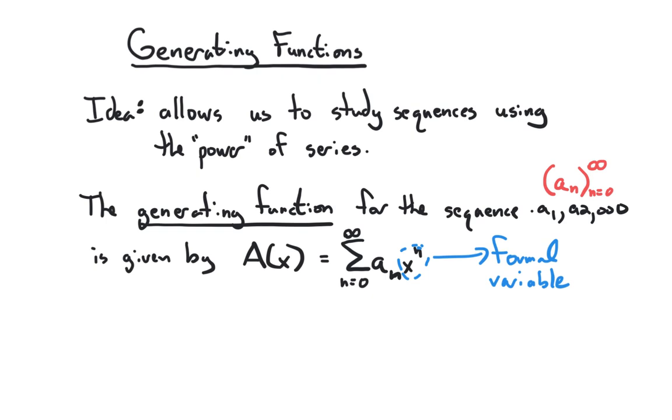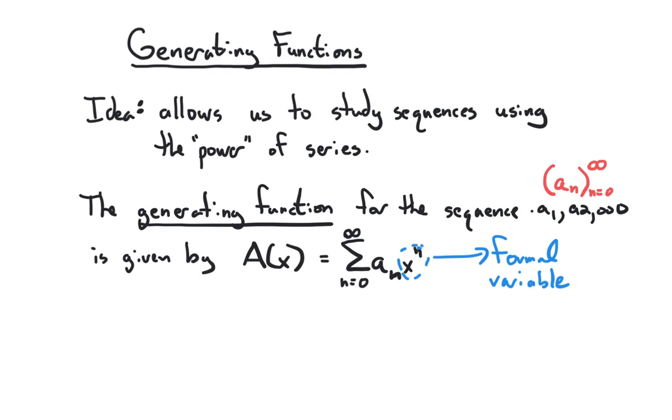So you might see that to mean this sequence here. And basically, you're thinking of each element of the sequence as the coefficient of the x to the nth term. So the nth term in your sequence is the coefficient of x to the n.